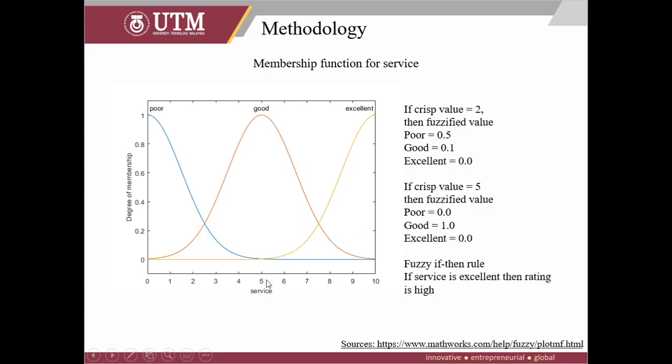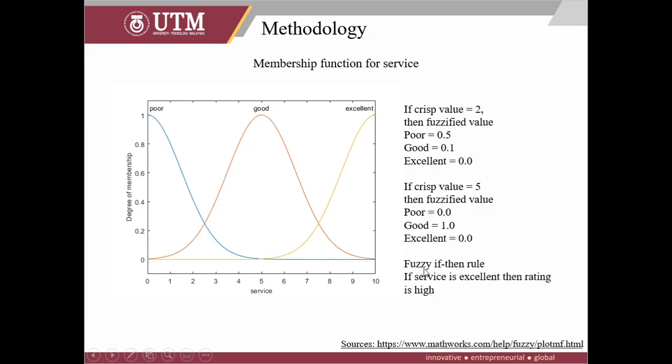If the service value is 5, it's 1 for being good and 0 for being poor and excellent. So we can say that if the service is 5, it's good. If the service is 2, it's 0.5 poor and 0.1 good.